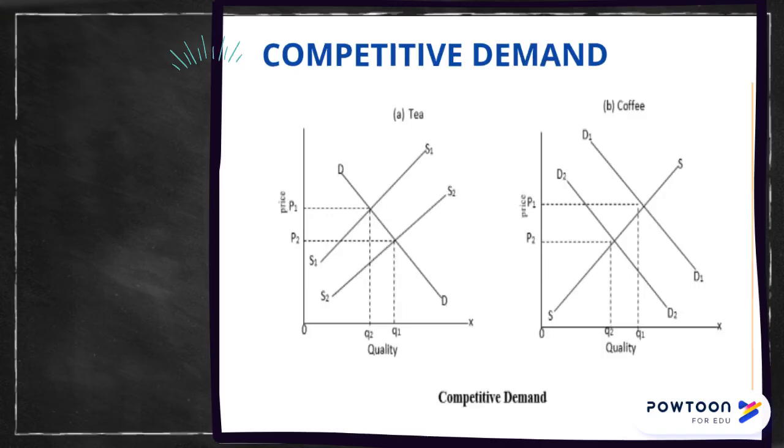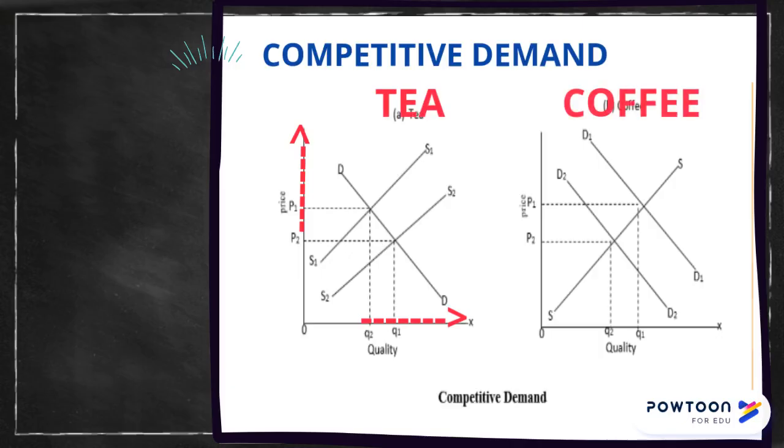Let us look at competitive demand. If you look at this graph, we have tea and coffee. The vertical axis of this graph represents price, while the horizontal axis represents quantity. And you can see the demand and supply for tea and coffee. What is a close substitute to one person may not be so for another.